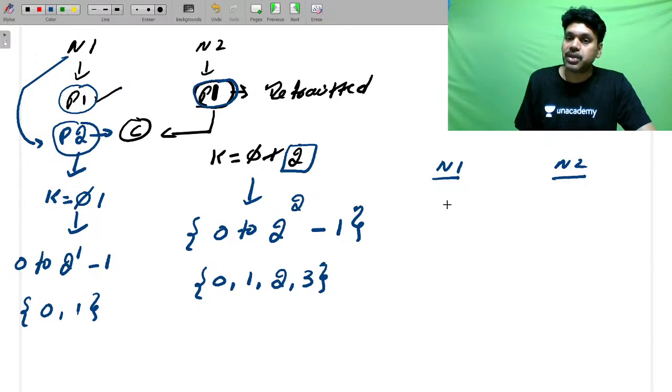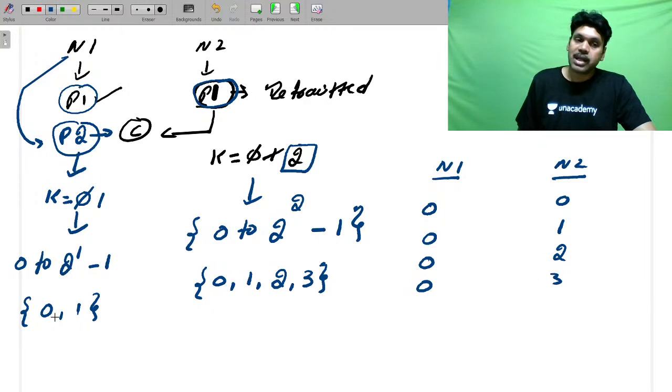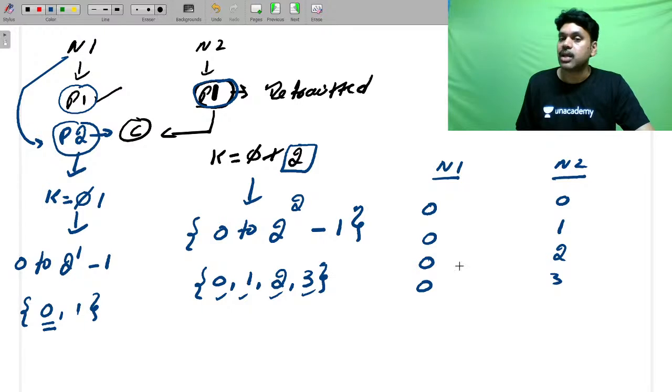First slot is 0, 0. The second slot is 0, 1. Next slot is 1, 0. Let us see another slot: 0 with 2 and the next slot is 0 with 3. That means the first slot of N1 is having the probability with all other slots. Now 1 0, 1 1, 1 2 and 1 3.